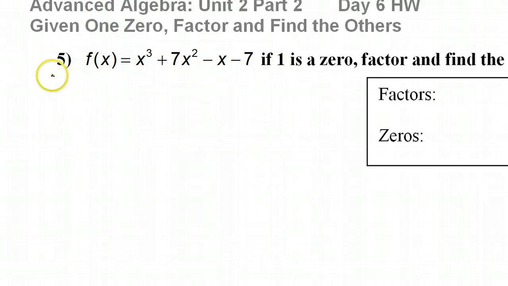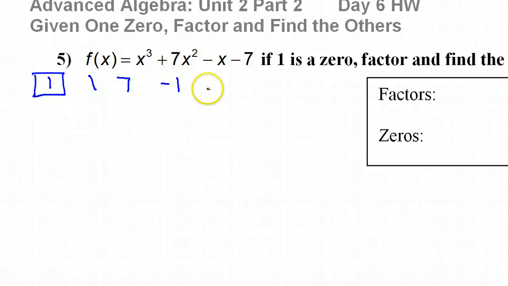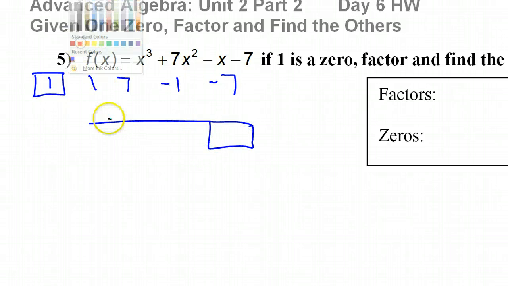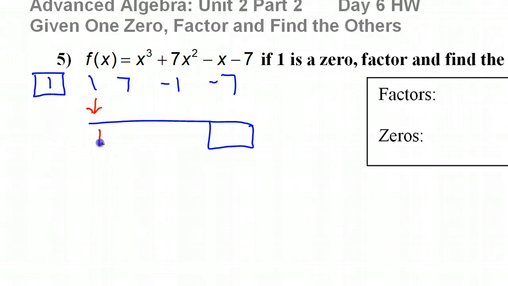We're given a 0 of 1, so let's put that in the box. Coefficients are 1, 7, negative 1, negative 7. Okay, so bring down the 1. 1 times 1 is 1. That's 8. 8 times 1 is 8.